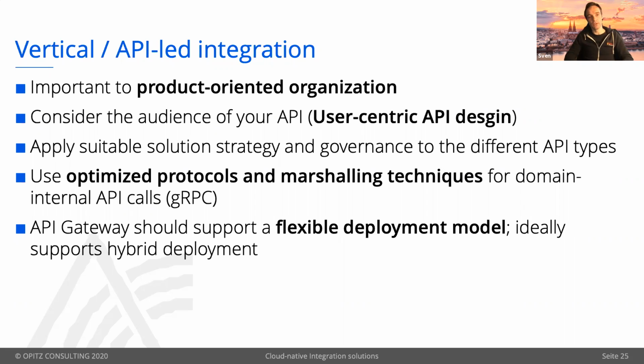And ideally, the API gateway that you use to expose your APIs supports a flexible deployment model so that you can cover your hybrid integration scenarios, so that your API gateway is capable of running in the cloud and also on premise.